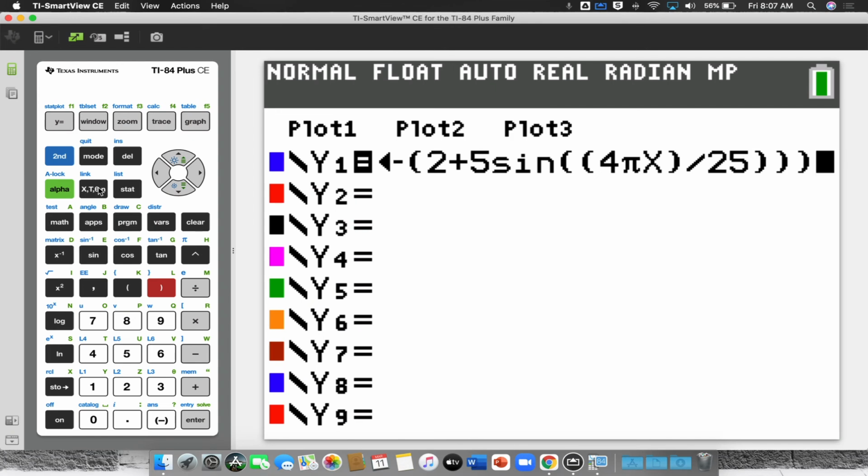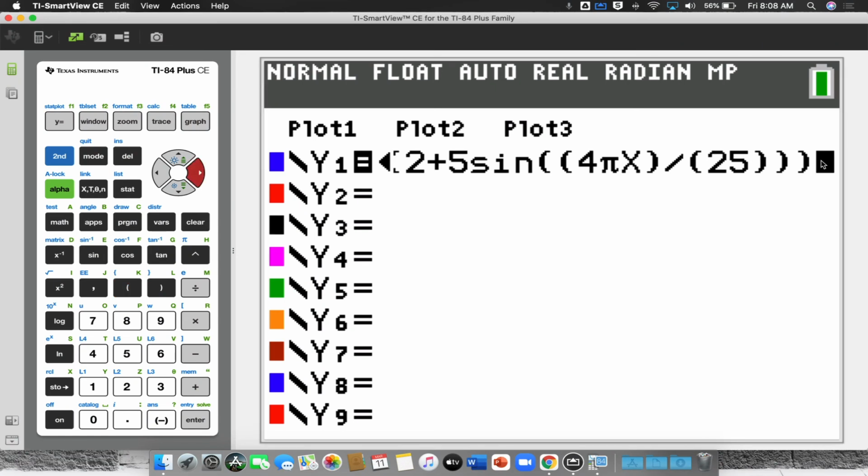Oops, I need to put another one in there too, so I put a parentheses around 25. Because if you open a parentheses and you don't have another one to close it off, the calculator won't do what you want it to do.